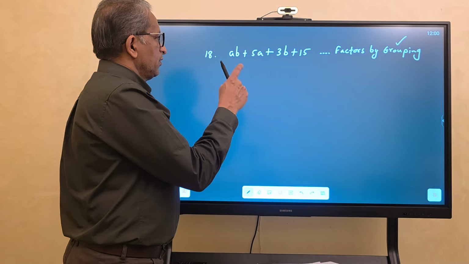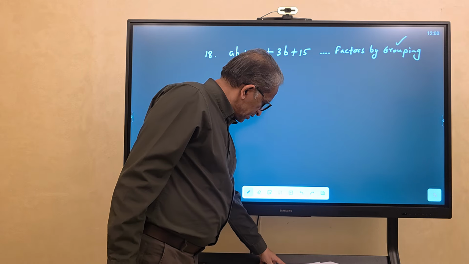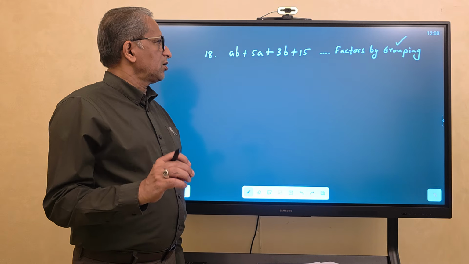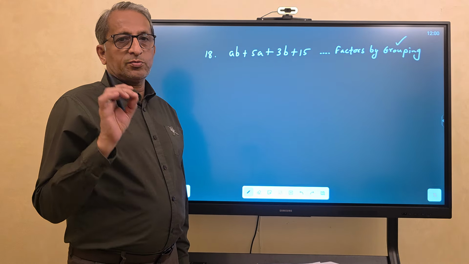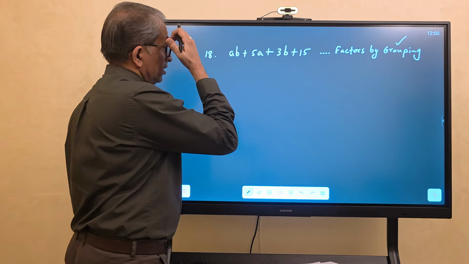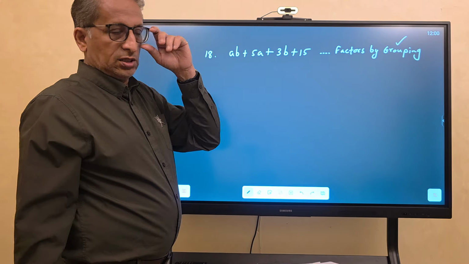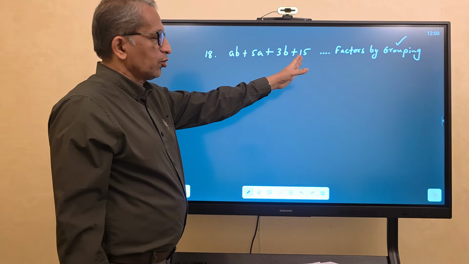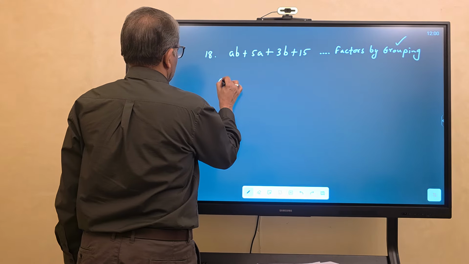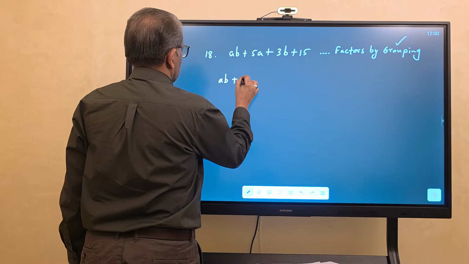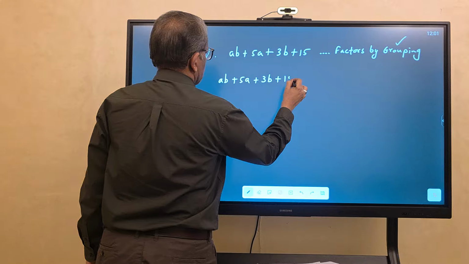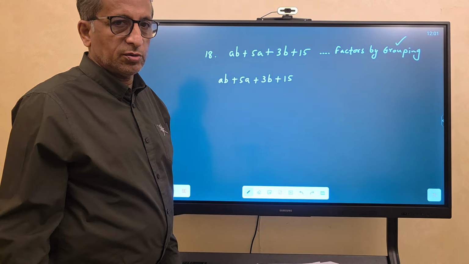Here, from example 18 to 26, we will be focusing only on finding the factors by grouping. Now we have 4 terms. There are no groups here; we have not done any grouping. Now I will do the grouping. Let me write down the polynomial: ab plus 5a plus 3b plus 15.